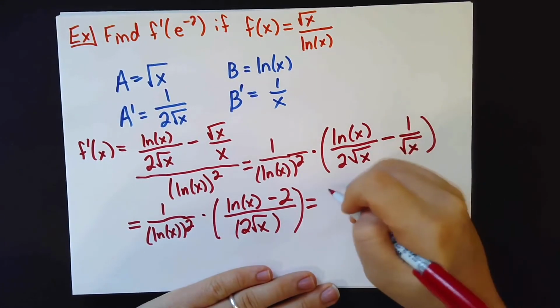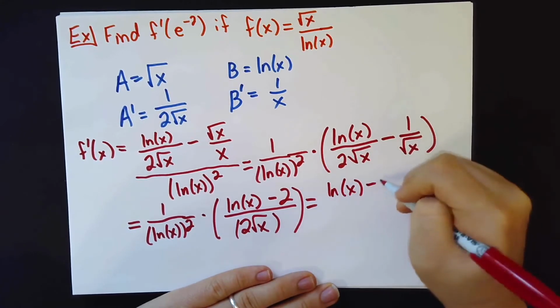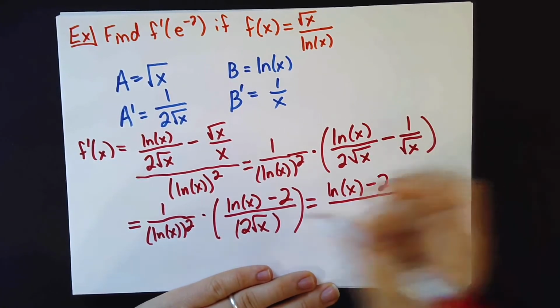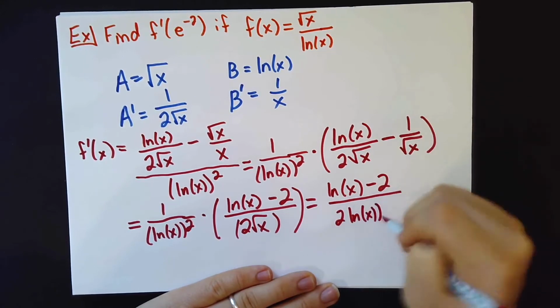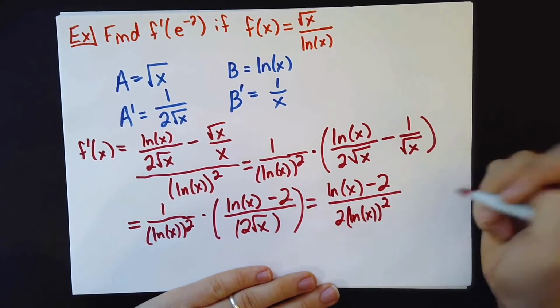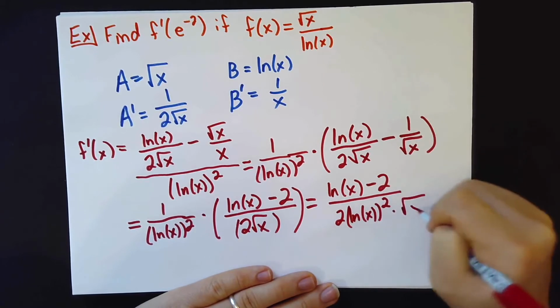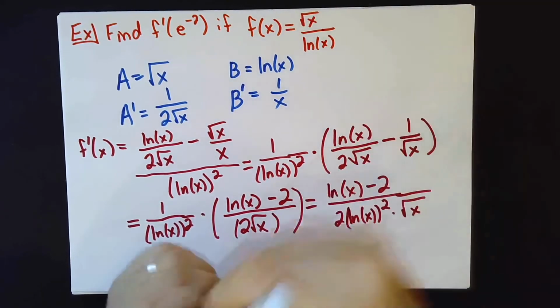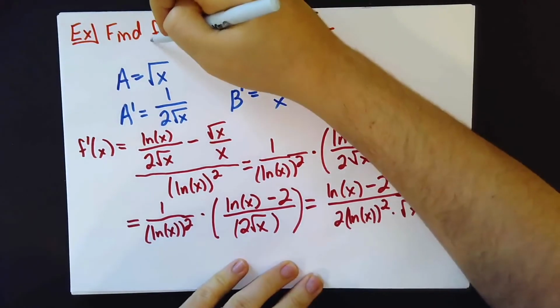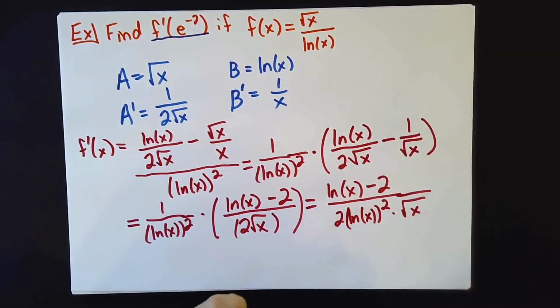Or we can write this as the natural log of x minus 2 divided by twice the natural log of x squared times the square root of x. But that is f prime of x, and the question asked for f prime of e to the minus 2.